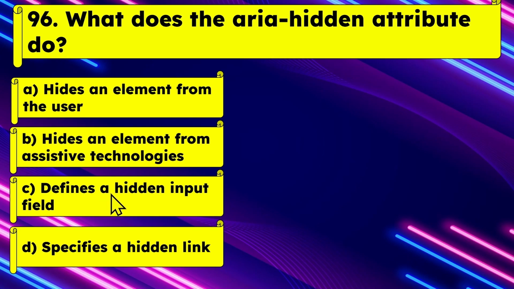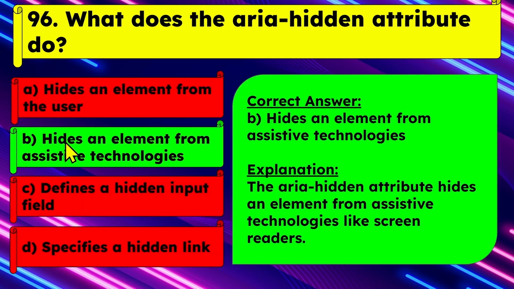Option C, it defines a hidden input field. Or option D, it specifies a hidden link. So here the correct answer is option B, it hides an element from assistive technologies. As you can see, the aria-hidden attribute hides an element from assistive technologies like screen readers.